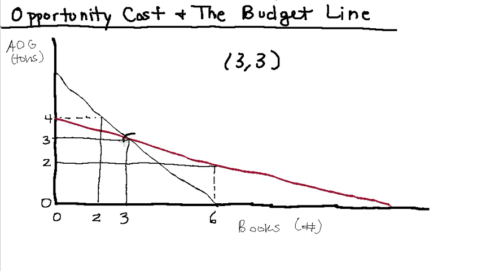So I'm starting out at 3-3, and I want one more ton of all other goods. So remember, because of our assumptions, we're assuming that we're going to move along the budget line. All choices are made on the budget line. So when I want one more ton of all other goods along the budget line, I give up one book. So the opportunity cost of 1 ton of all other goods is 1 book.